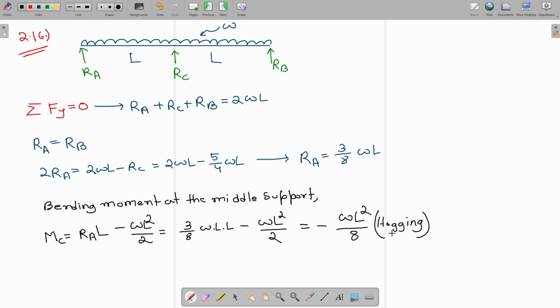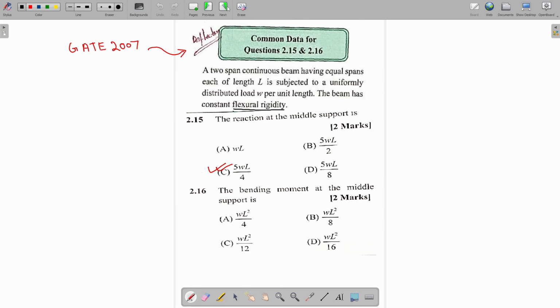The bending moment is hogging in nature, minus WL square by 8. So our option is WL square by 8, this one.